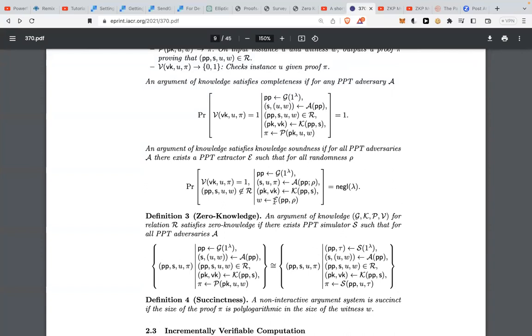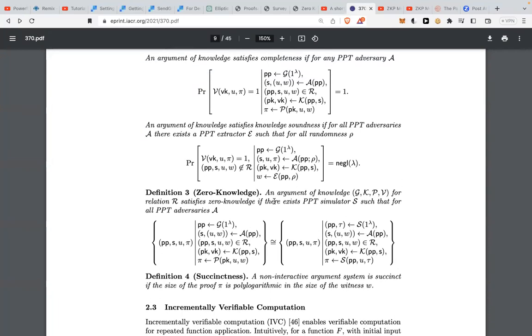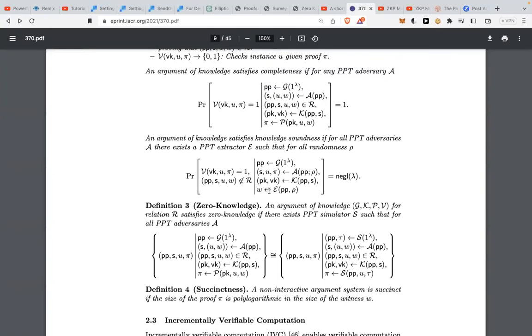Yeah, this is here. It's saying that for some public parameters PP, the adversary can choose arbitrary SU and pi. I think it literally means that for any SU and pi, or we can say that SU and pi are chosen by the adversary, whatever he wants.